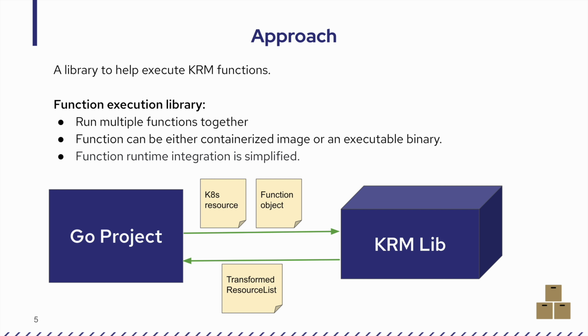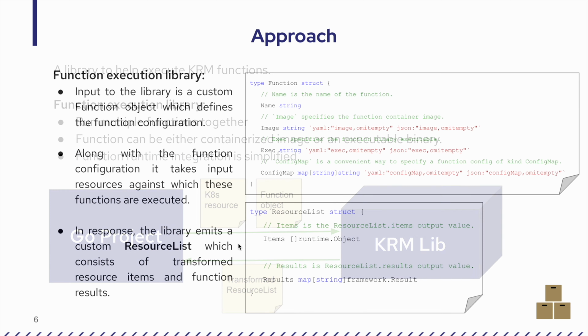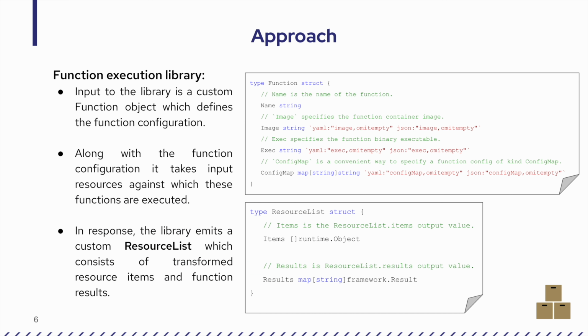In a bigger picture, this is how the library utilization will look. For the library, there are two inputs that we want to provide. First, the input resource that we want to transform, and along with that, we also want to pass the function object, which is defined by this custom function struct.